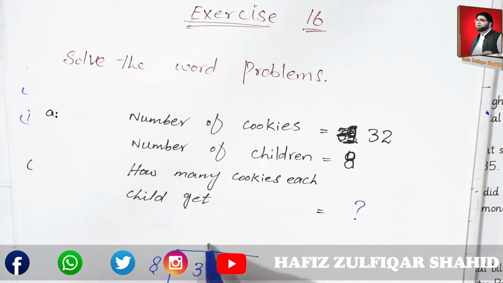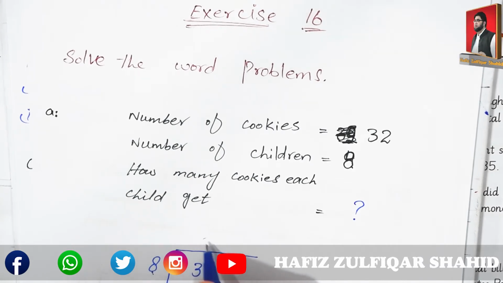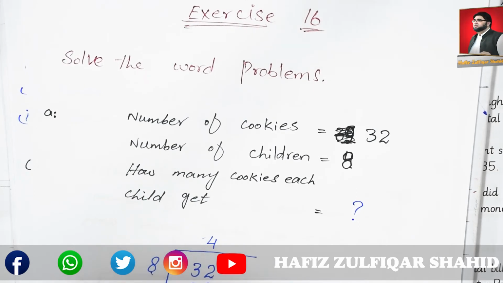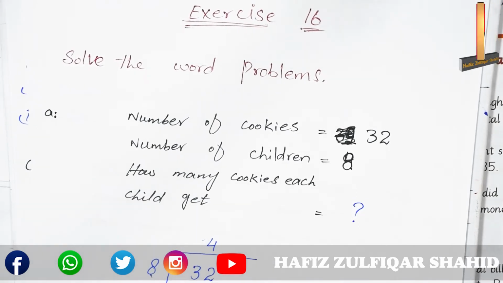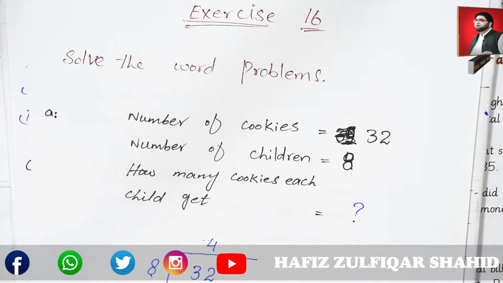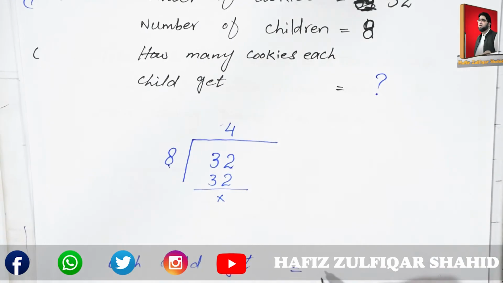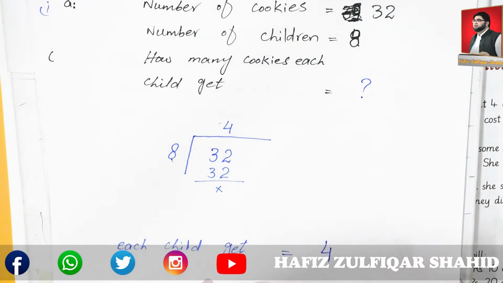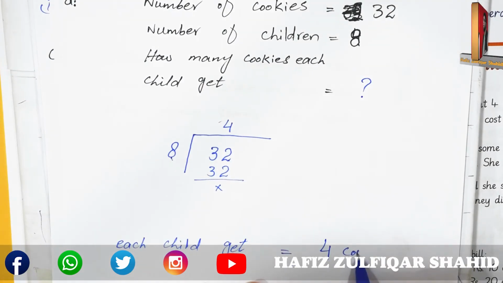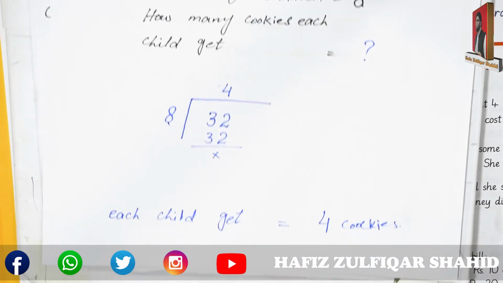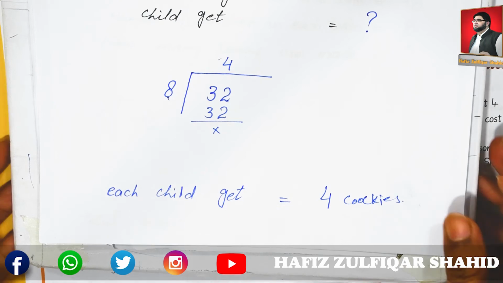So 4 times 8 is 32. We get our answer 4. Each child will get 4 cookies.